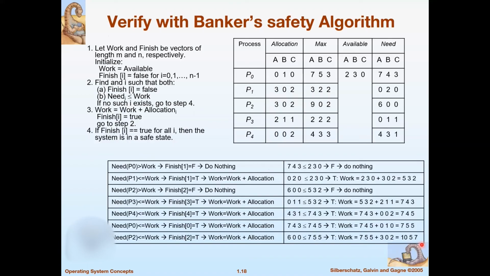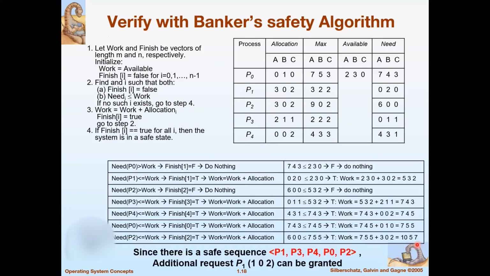And the safe sequence in this case will also be the same as before, that is P1, after that P3, then P4, then P0, and next is P2. Though there is a safe sequence, this state of the processes is safe.